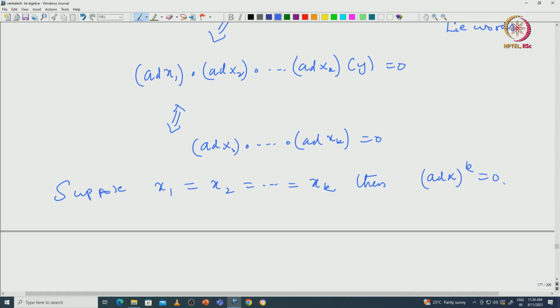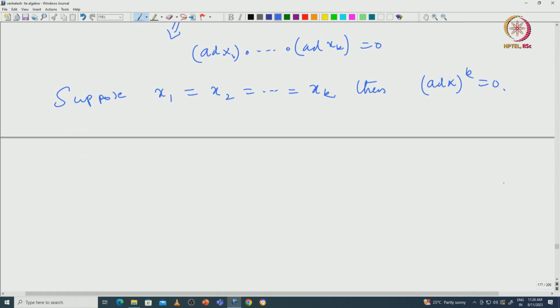So what we have indeed proved is that for any x in G, ad x is nilpotent as an operator on G. That means all elements of G are ad nilpotent. So that is the conclusion.